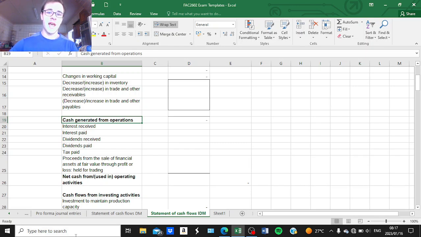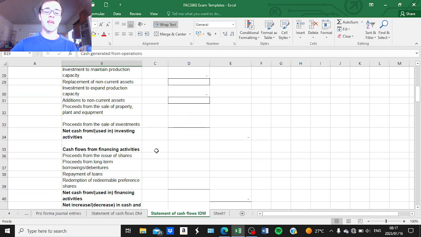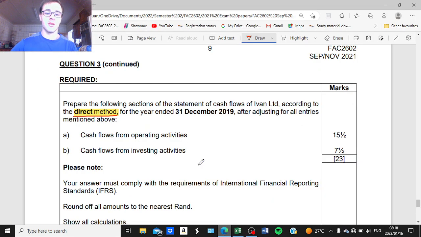You will notice that they haven't stated in the required section what method must be used. It is because you were not required to draft the operating activities section. So the method that was used is irrelevant. The investing and financing activities sections will be the same for both methods. So please take note of that before you start with this question.